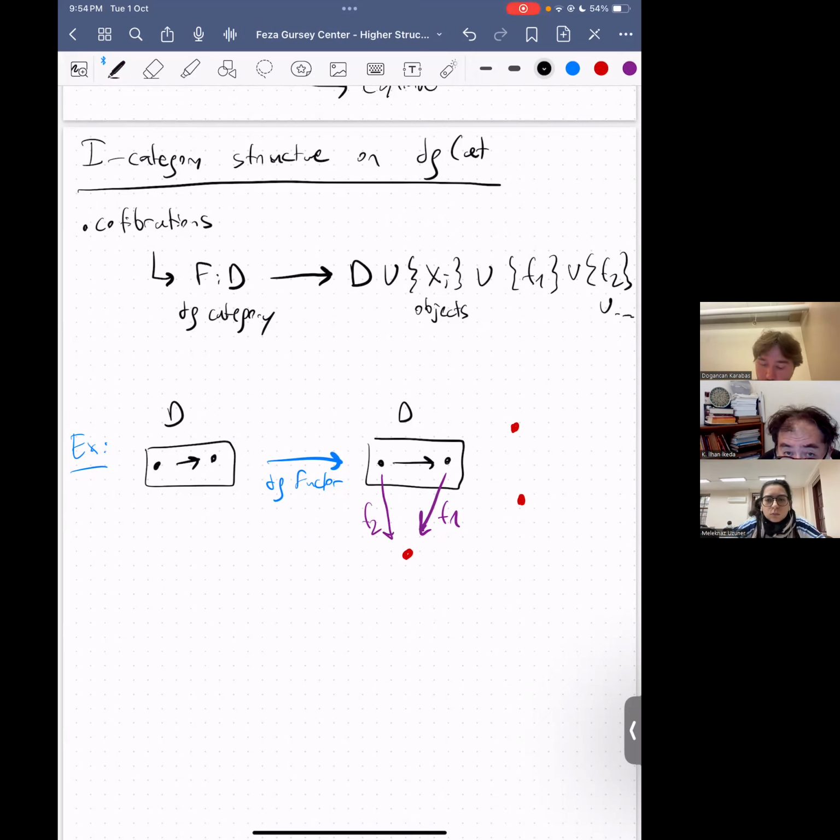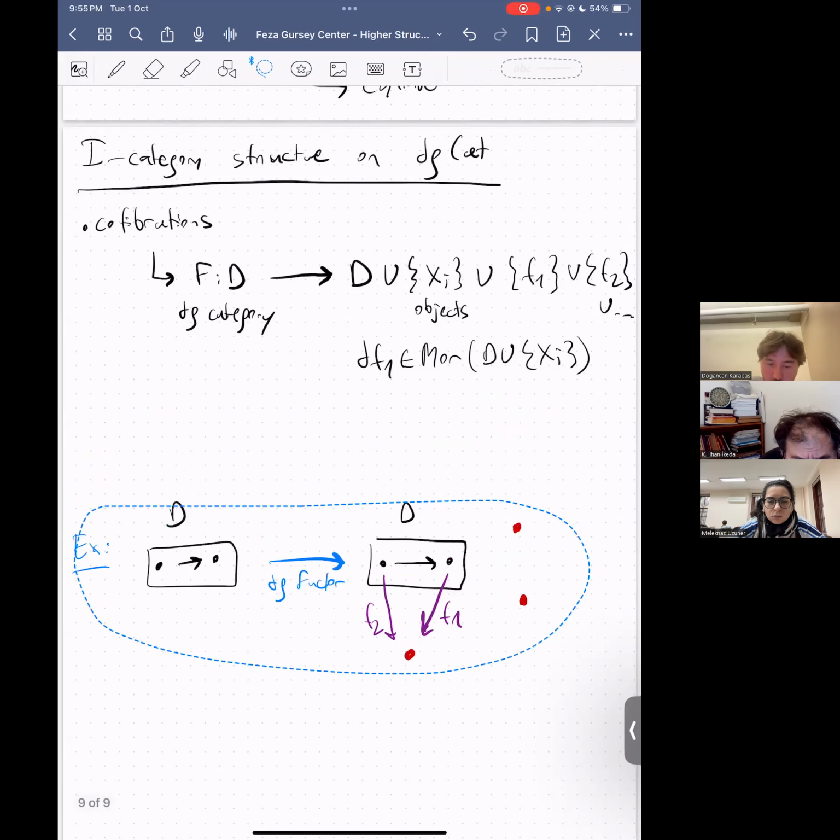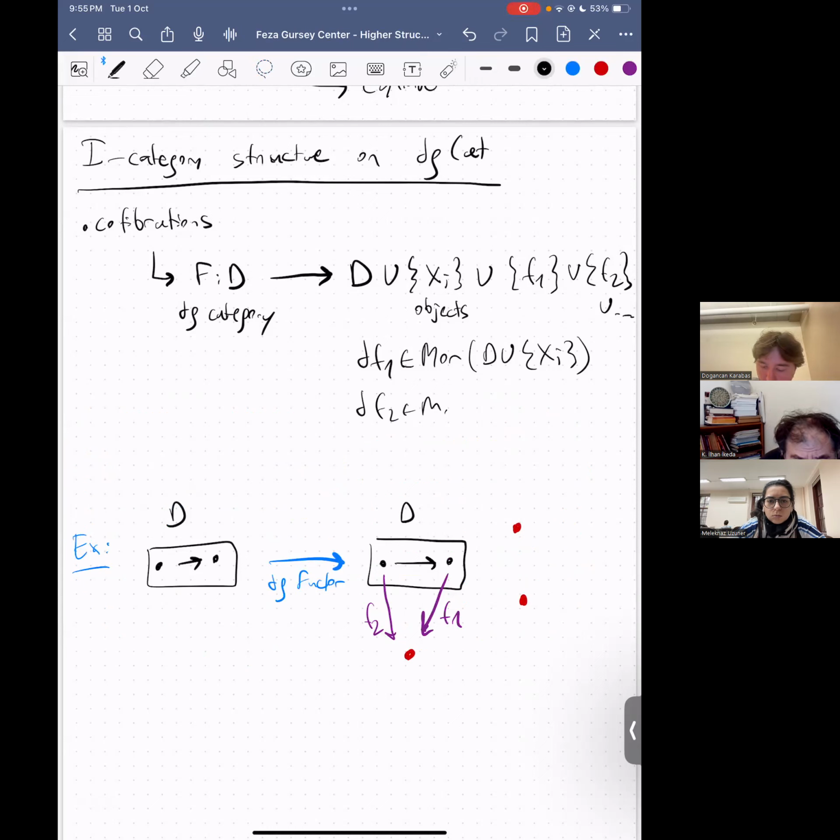You add in such a way that the differential of F1 should be inside the morphism space of here. So the differential of F1 cannot contain F2, and the differential of F2 can contain F1 but cannot contain higher morphisms, and so on. It goes like this.